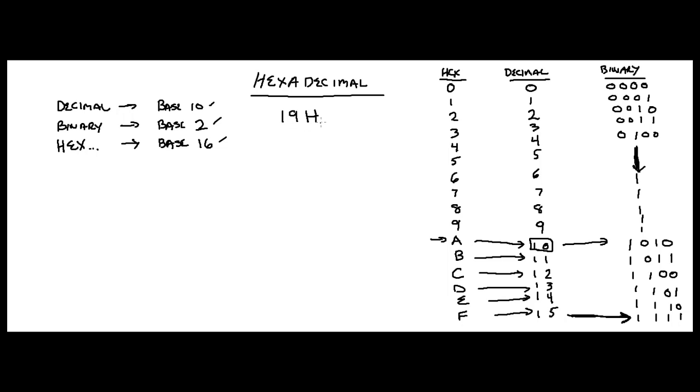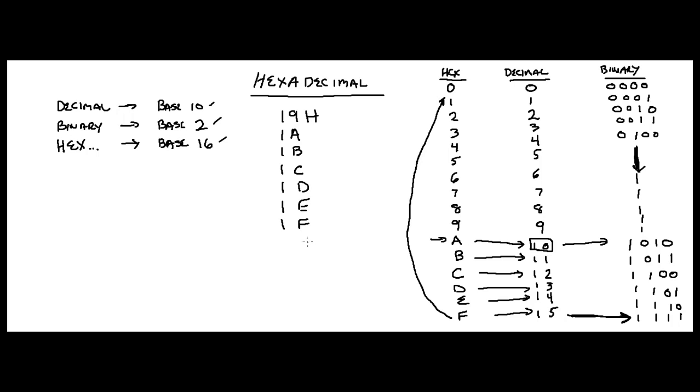So what's next? If we want to count, what comes after this one? It's going to be 1A, right? After that, 1B, 1C, 1D, 1E, 1F. Now what comes after 1F? Well, we're at F, right? It has to recycle back. Let me just draw this for you. It has to recycle, doesn't it?